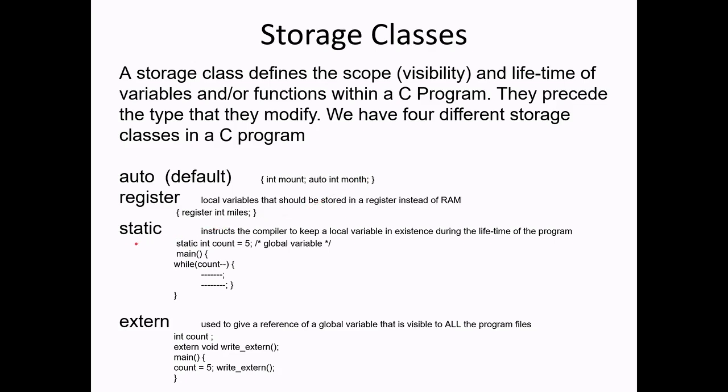Static. What static does is it instructs the compiler to keep a variable in existence during the entire life of the program. This can be done either in a variable scope or in the global scope. In the global scope, it is just always accessible, and its value is maintained however you change it.